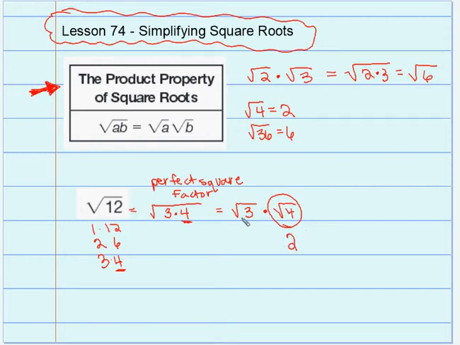So now I have the square root of 3 times 2, and I'm going to write that with this in front. So it's going to be 2 square roots of 3, and that's simplified. The square root of 12 simplified is 2 times the square root of 3.